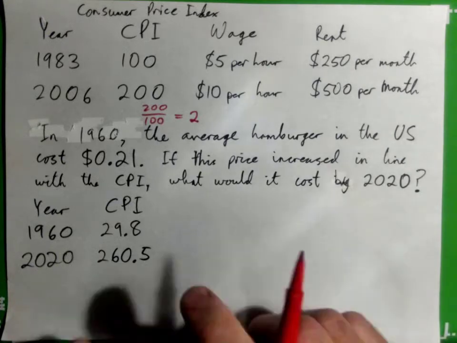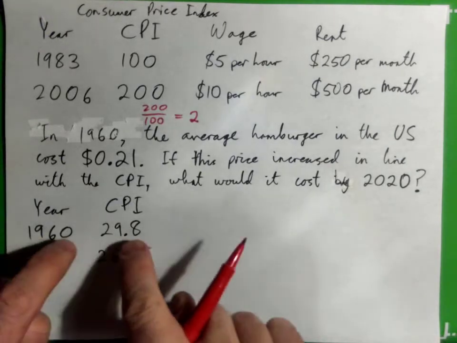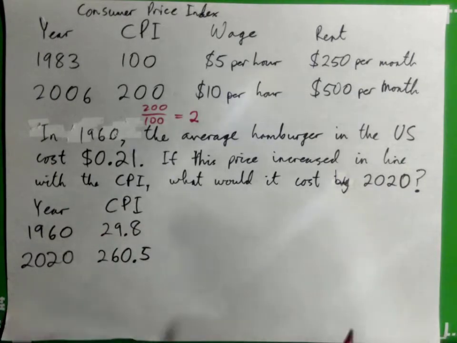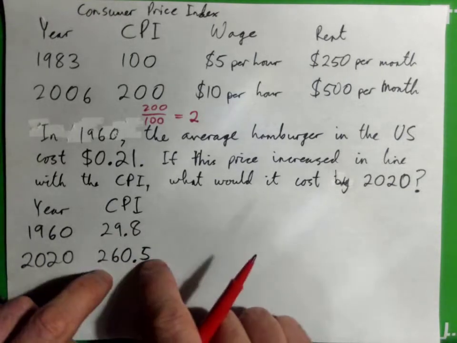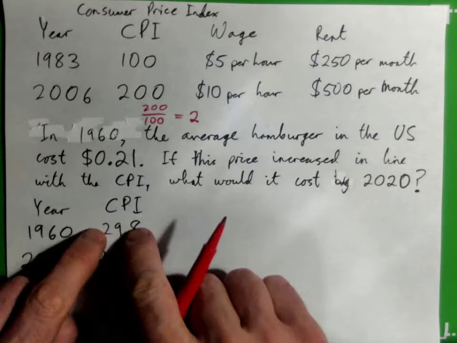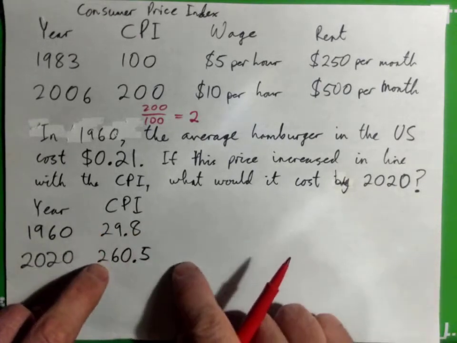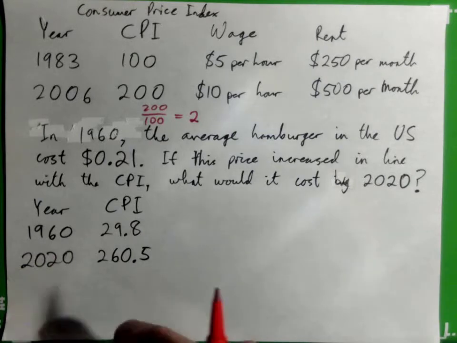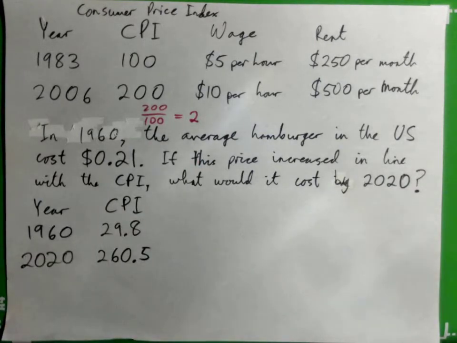Your basket of groceries, your consumer price index, in 1960 cost about $30. In 2020, those same groceries cost about $260, right? How much did they increase by? What operation can we do just to figure out how much more expensive things are now?